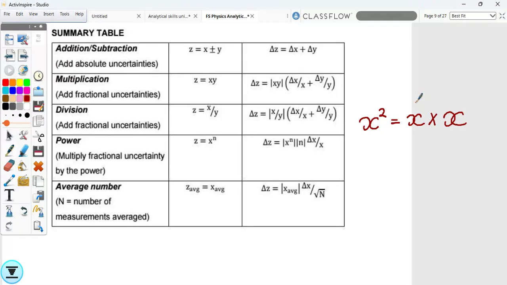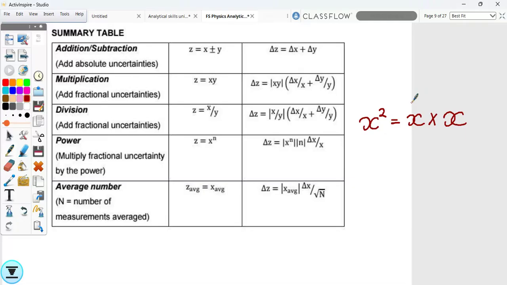Alright, so for x squared, that's the same as saying x times x. So that means if we are going to do the uncertainty in x squared, it's going to be the uncertainty in x. Okay, now when I'm writing, it's actually not showing. It's coming through, so I think it's just the whiteboard.